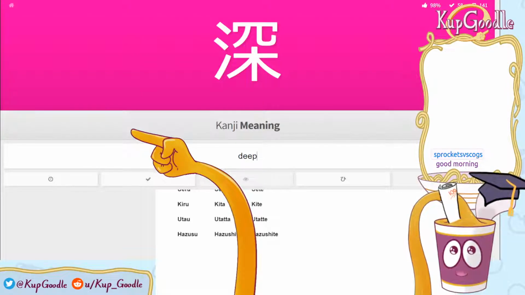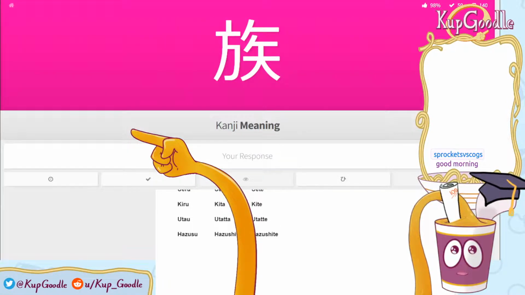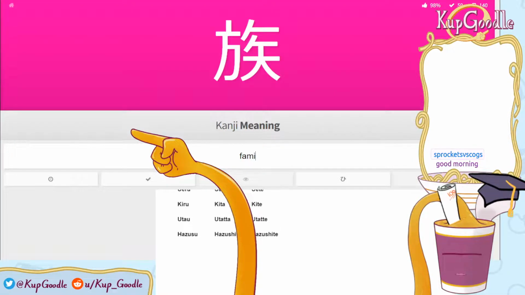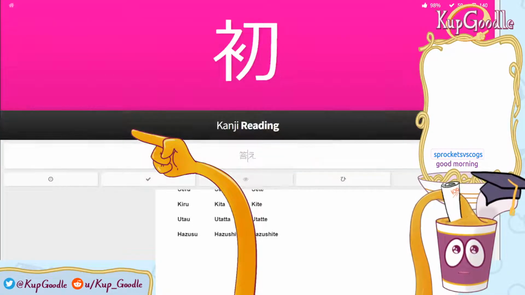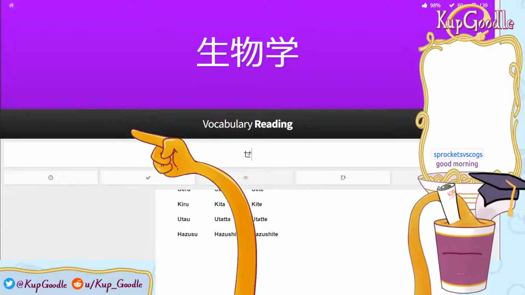Deep. Shin deep. That's a family. That's a dad pointing his gun over his son's head. Like a family would. Show. 生物学.